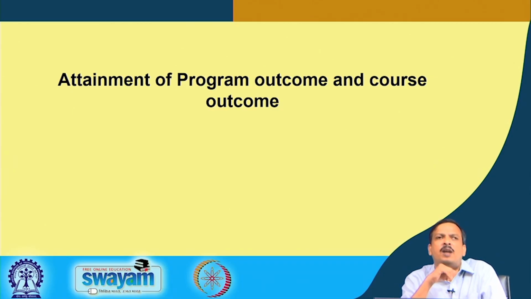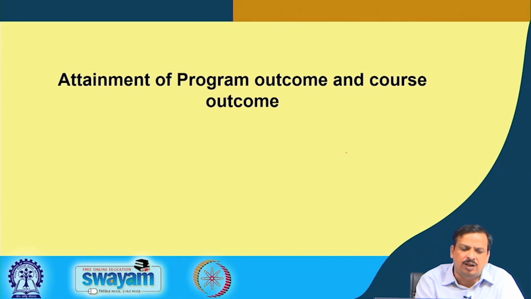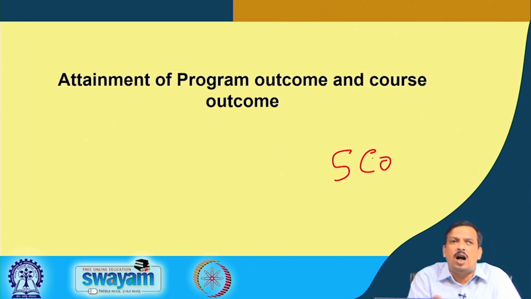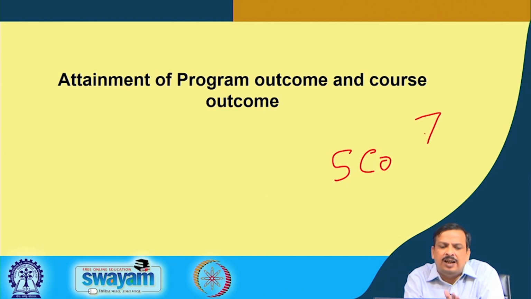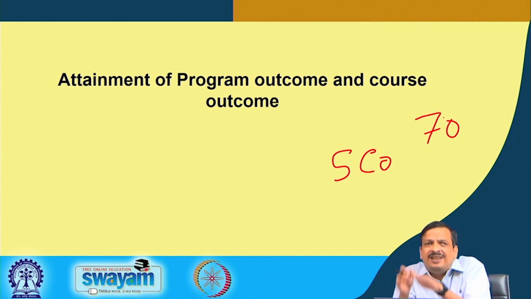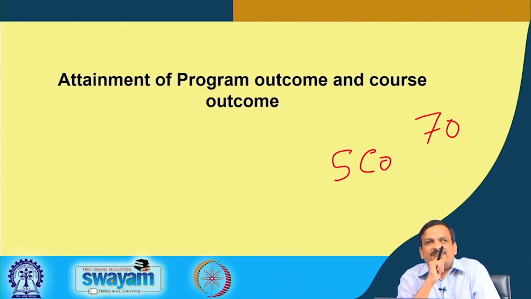Similarly, course outcome attainment. I have a course, and I said those are the 5 targets. So, I have 5 COs. Out of 5 COs, how many COs are attained by the students, and suppose there are 70 students in my class, out of 70 students, how many students have attained 5 out of 5 COs.